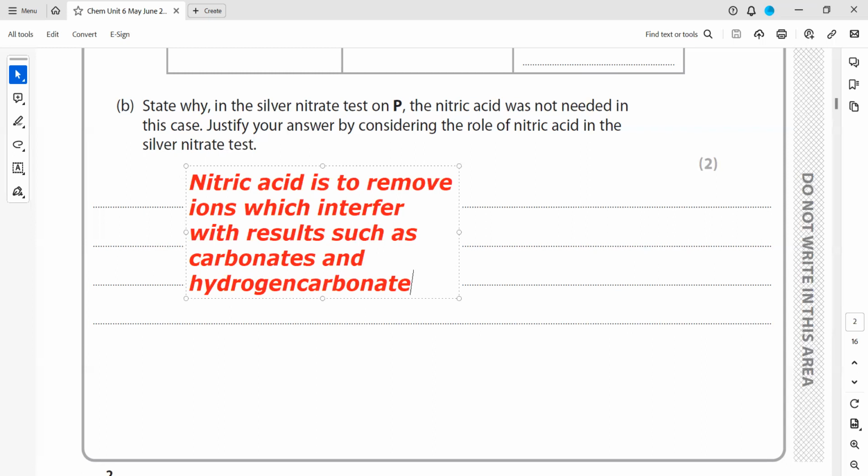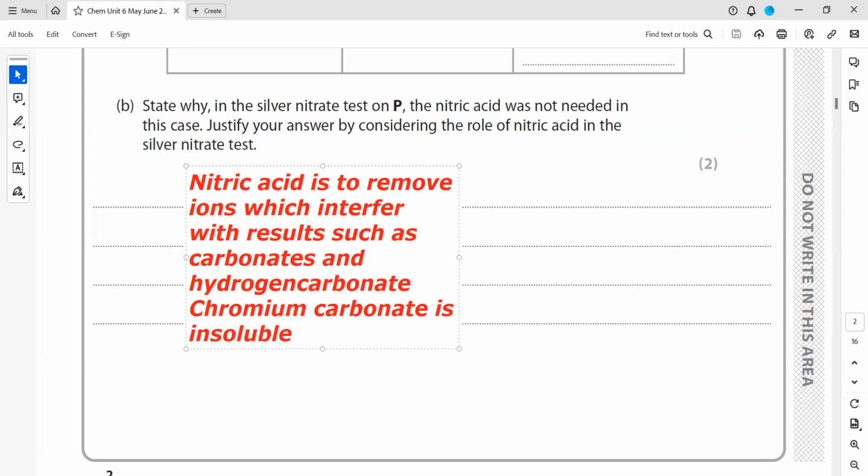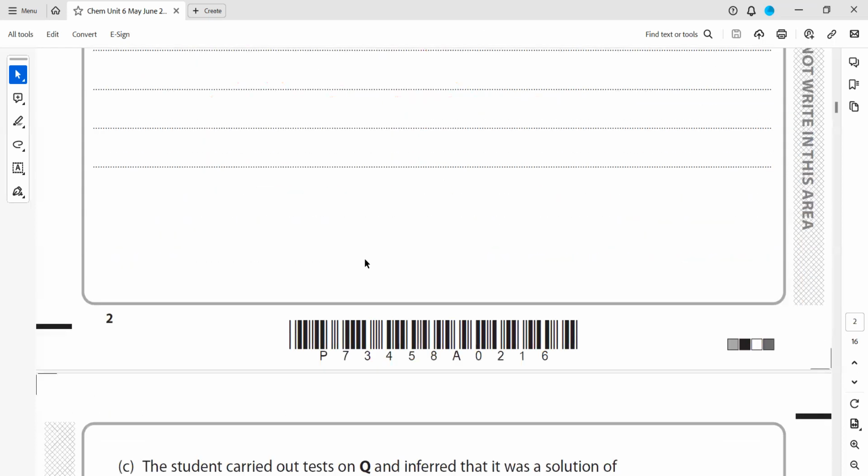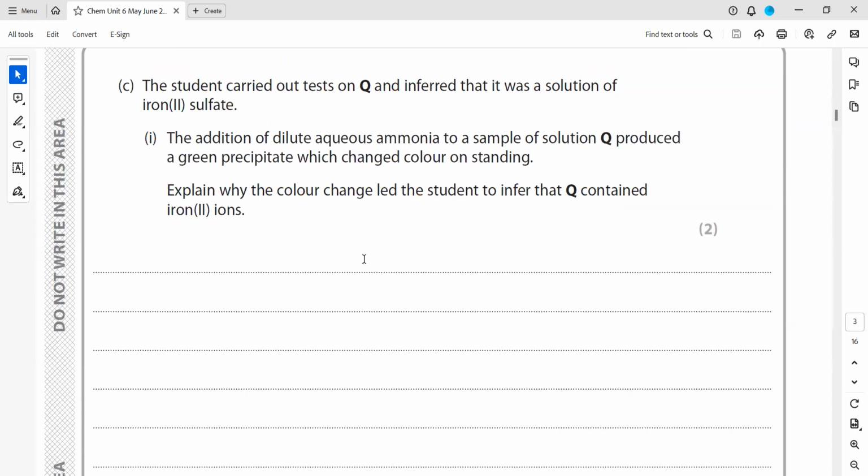And why we did not use it here: because chromium carbonate is insoluble. So why did we not use the nitric acid? Because we already have a solution. So it means it is not chromium carbonate or chromium hydrogen carbonate. That's why we did not use nitric acid; directly we add silver nitrate.